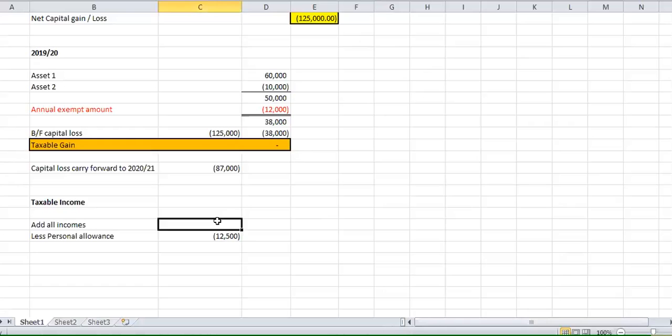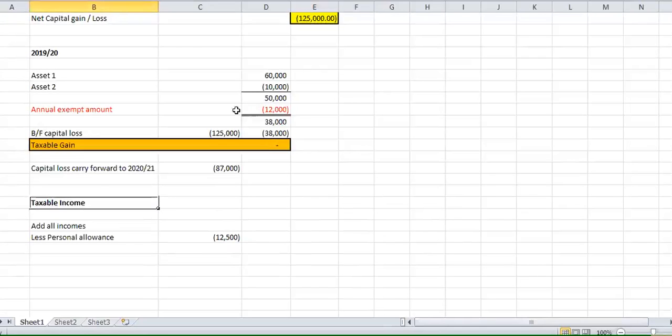So for example, we need to add all of the incomes of an individual. Say when we will add all of the incomes of an individual, say the income of an individual is £70,000. When we will deduct fixed relaxation, we have taxable income.